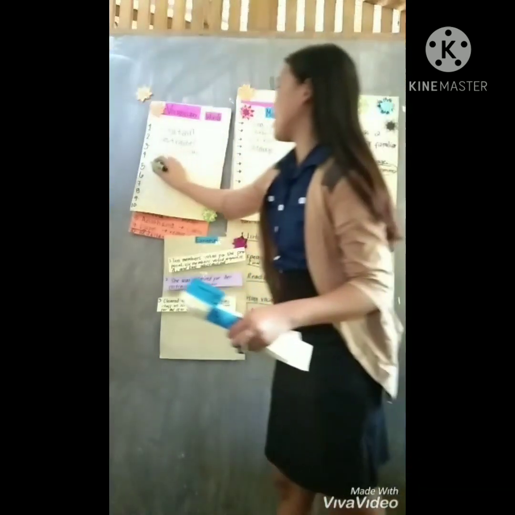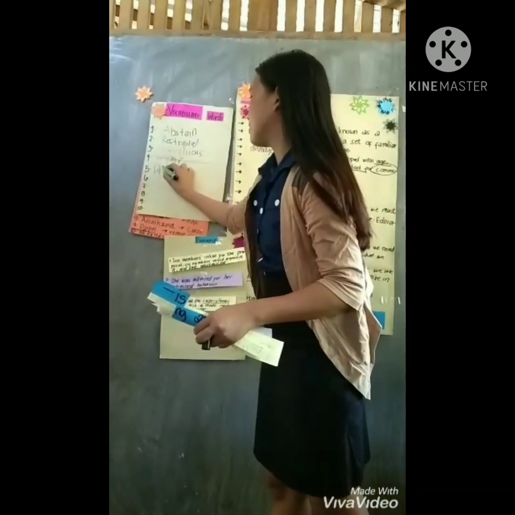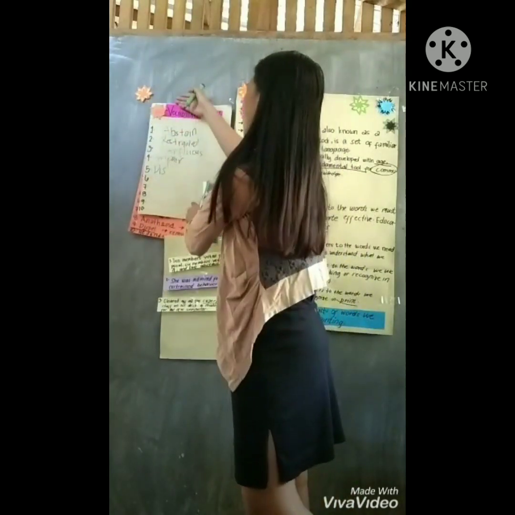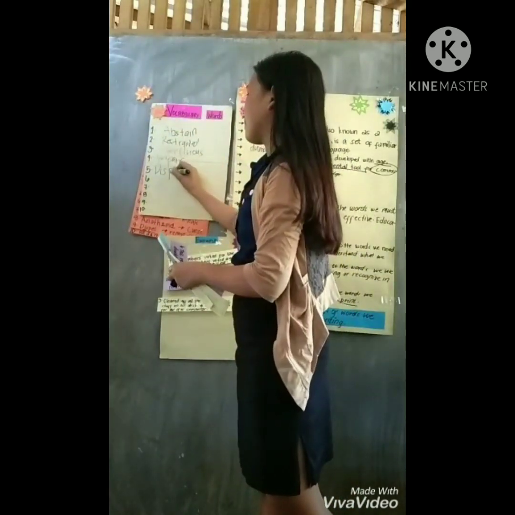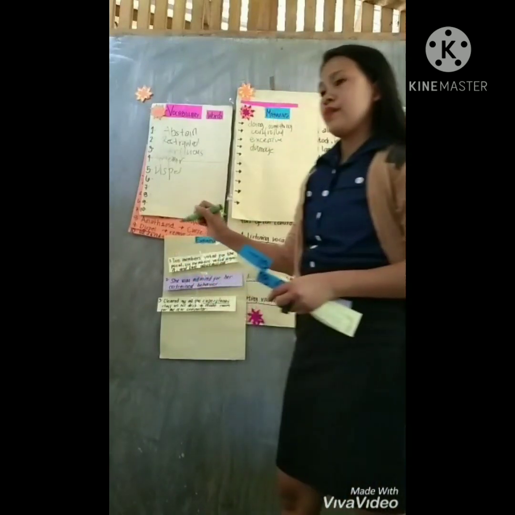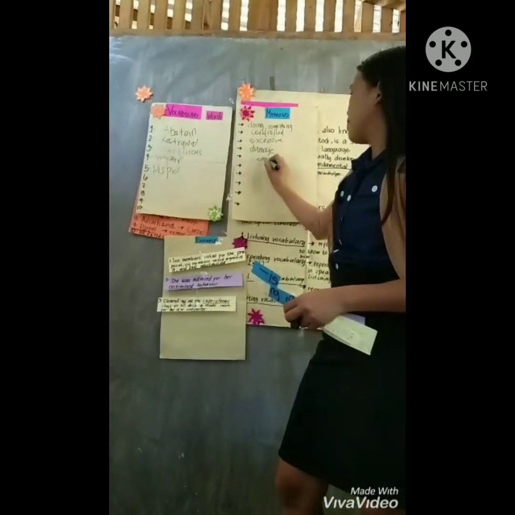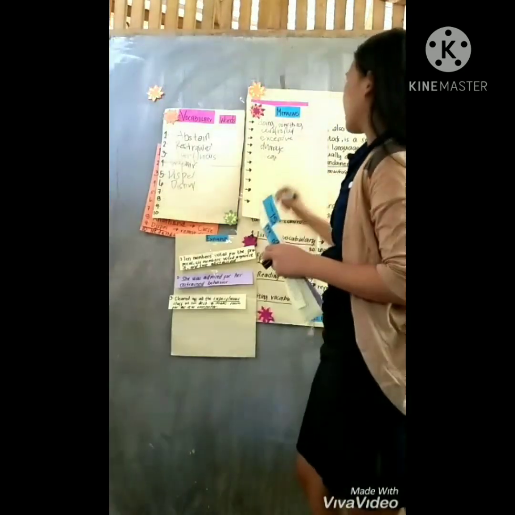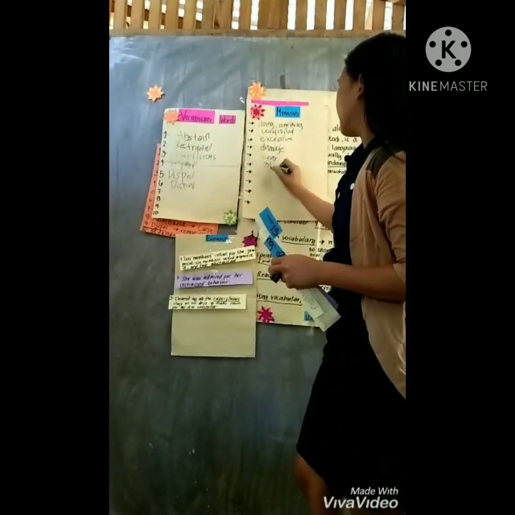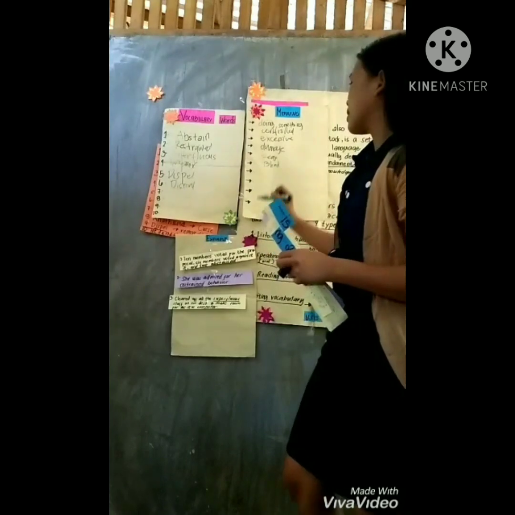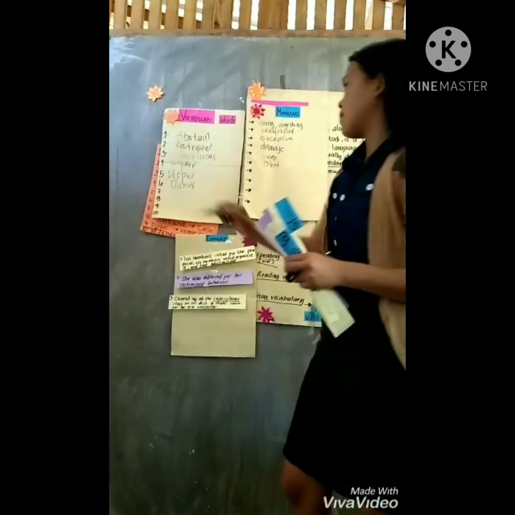Next is dispel. Dispel is to remove doubt or fear. Dismal is bleak. Number 7 is stumble.